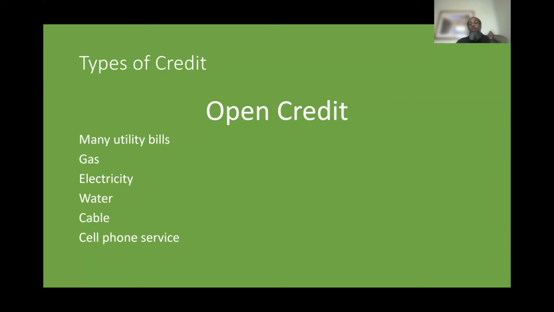So again, this is the last video on the 5 components. What I'm going to do next, from here on out, I'll be talking about how to repair credit. It's going to be step 1, step 2, step 3. And if you do that, your credit will be repaired. This is not hard. It is not rocket science.